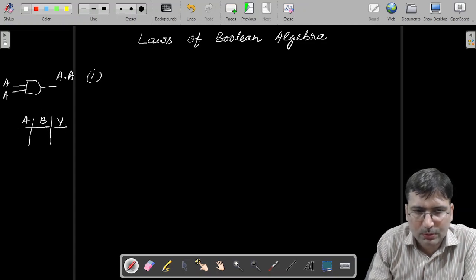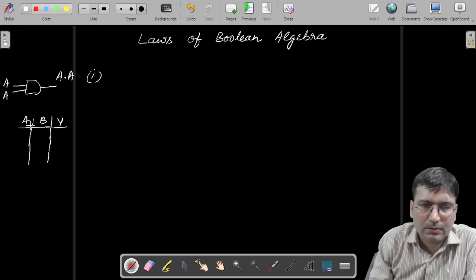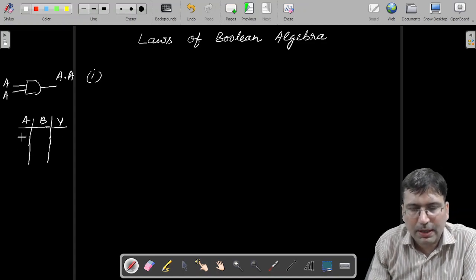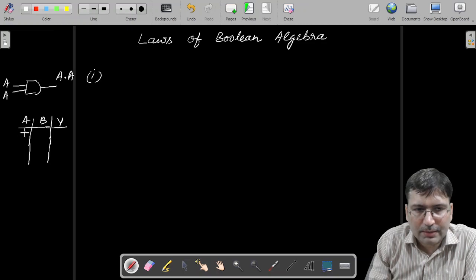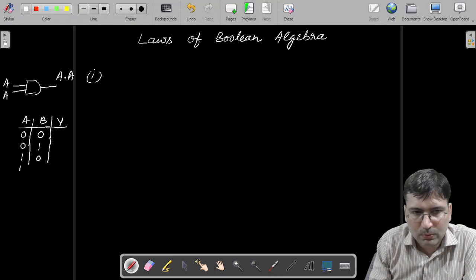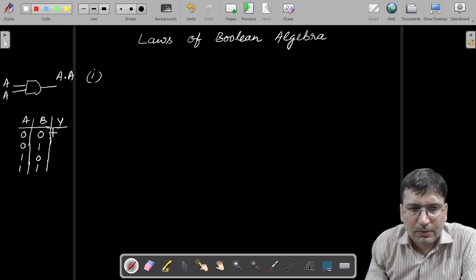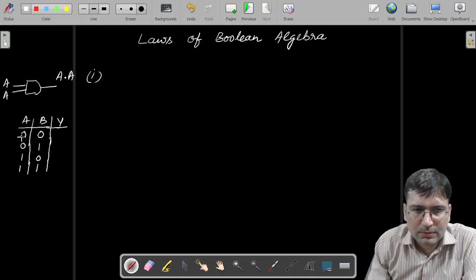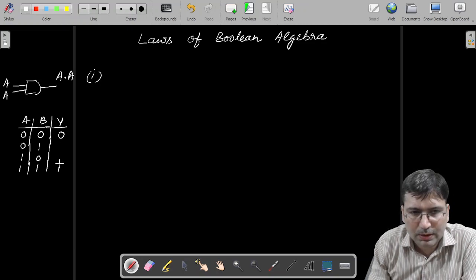Y is the output of a logic gate, which is AND gate. So let's say this is 0 0, 0 1, 1 0, and 1 1 kind of truth table, right? Now when we give both 0, it will give us 0, and when both 1, it will give us 1, and here it is 0, 0, right?